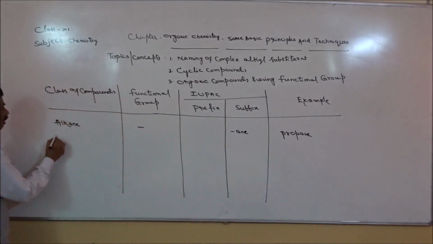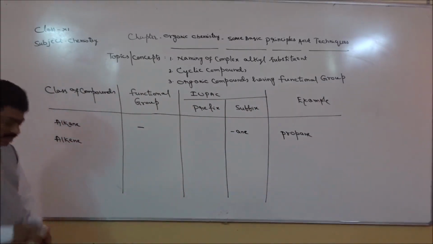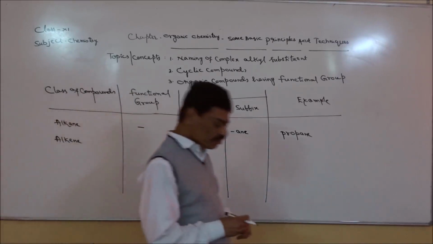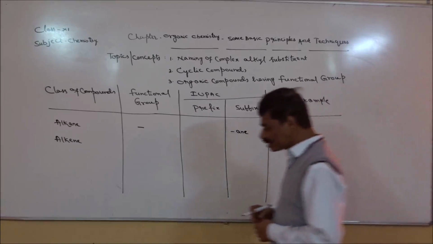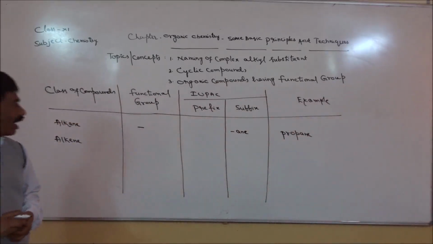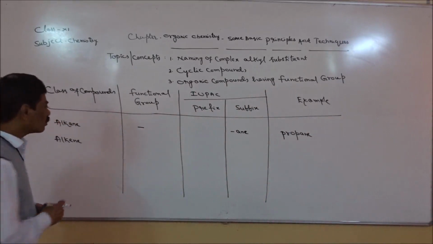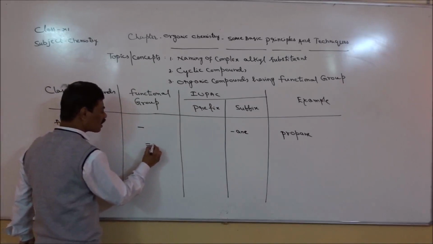Next is alkene. In the case of all alkenes, we have double bonds, right? Meaning each alkene should compulsorily have at least one double bond. So here I write double bond, and this should be in between the carbon atoms.